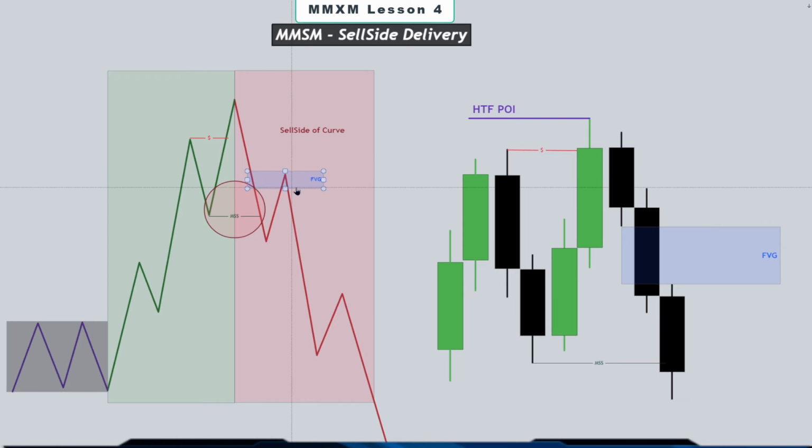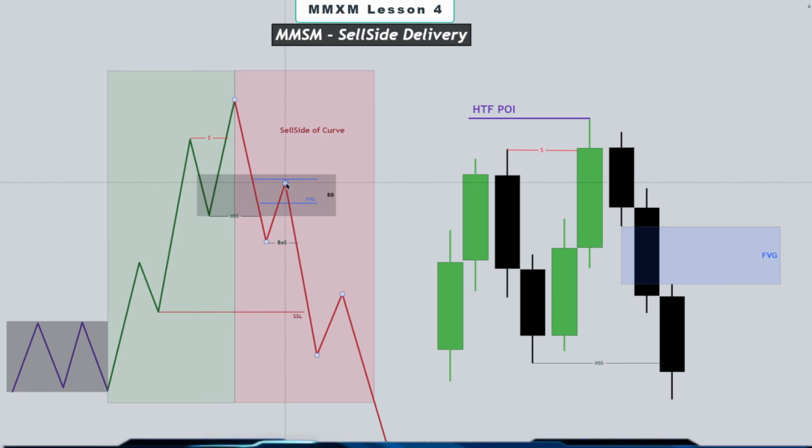In this area, we'll have our first stage of distribution. Price will return to the fair value gap inside of a breaker. We'll have the last down close candle with the lowest body, or a series of down close candles. If there are multiple down close candles together, from that lowest down close body, the low to that high is our breaker block, and inside of that breaker block, if it is a high probability breaker block, you will most often see a fair value gap aligning with your breaker block.